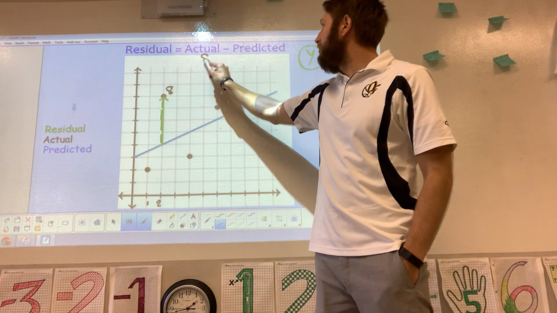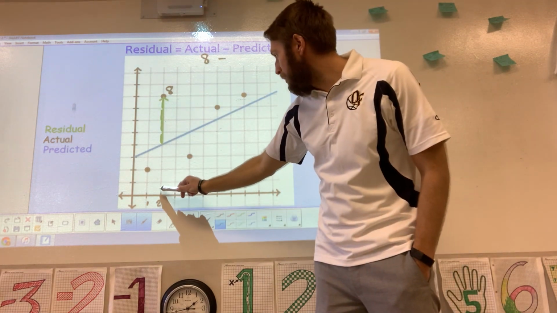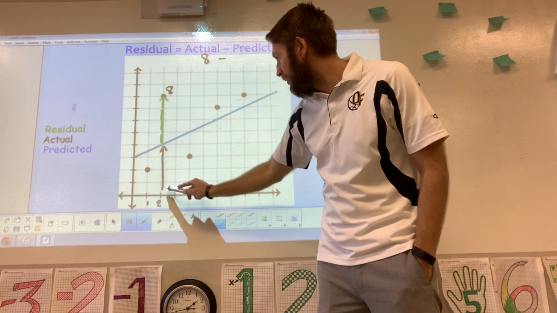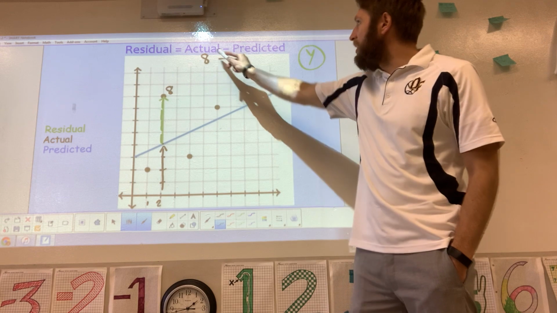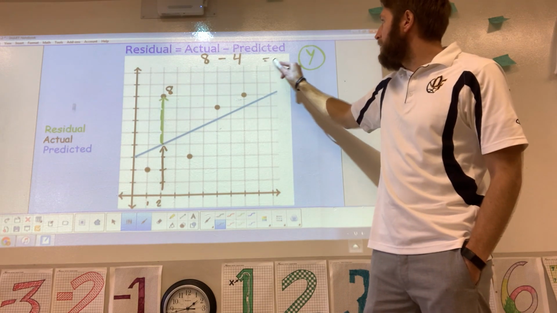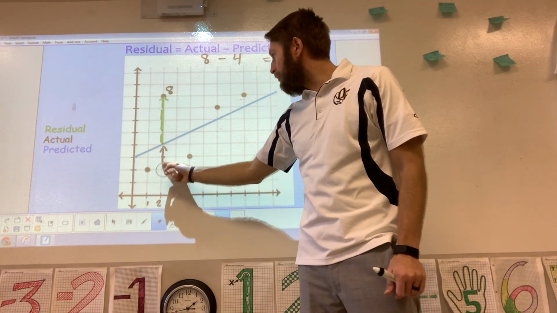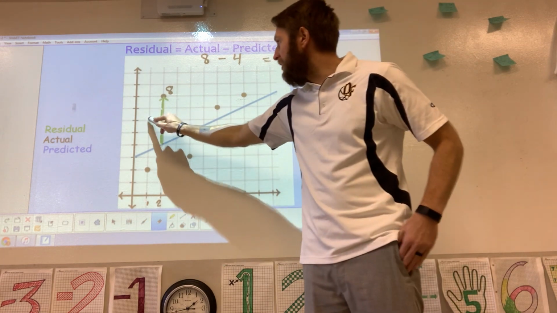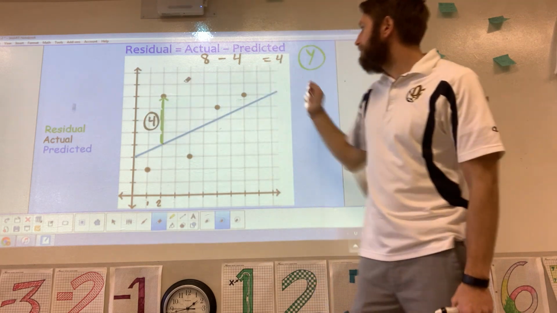So my actual value is 8. I'm going to subtract the predicted amount. So this person right here had a predicted amount of 4. So the actual data minus the predicted from the line of best fit means that that residual is 4, and there it is. It is 4 spots above the line. This residual is a positive 4 right there.